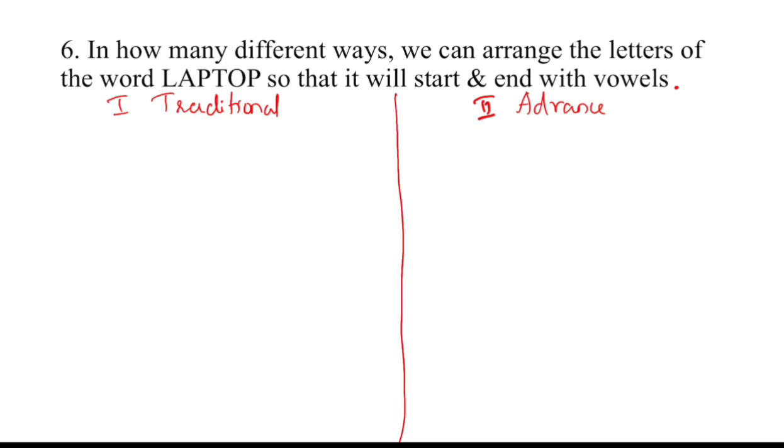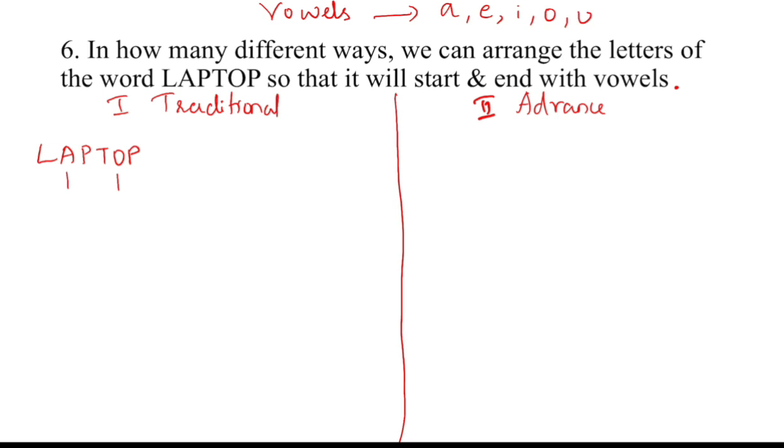So there is a word laptop. And how many vowels are there? So which are the vowels of English alphabets? Vowels are A, E, I, O, U. These are 5 vowels. So how many vowels are here? A is 1 vowel, O is 1 vowel. Okay.